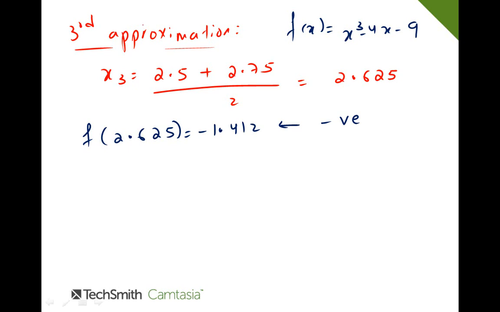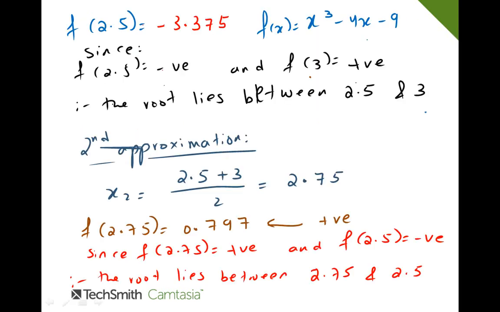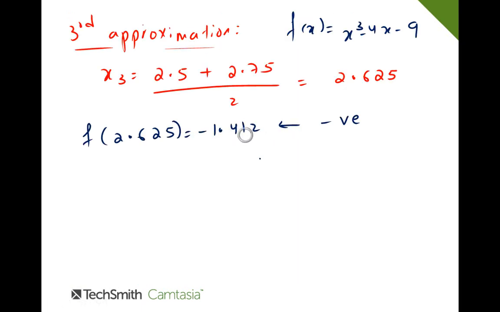So this negative value will be compared with the previous positive. So what was the positive number here? You have to choose between this negative and this positive. So I'll take the positive, which is 2.75, and compare it with this negative.